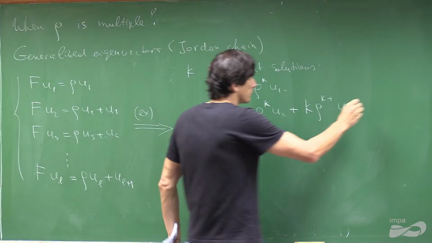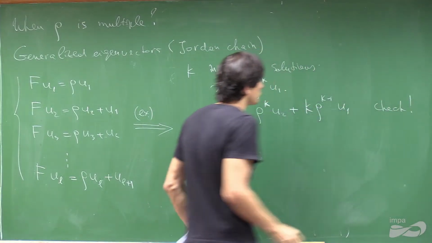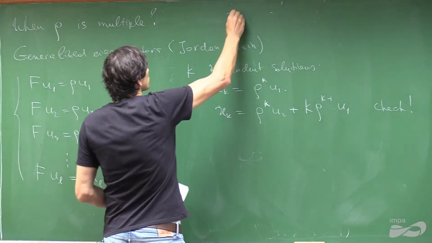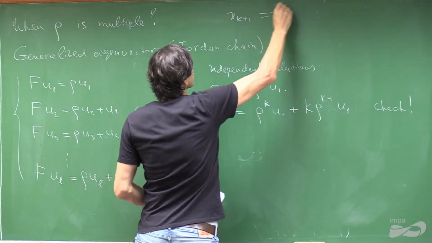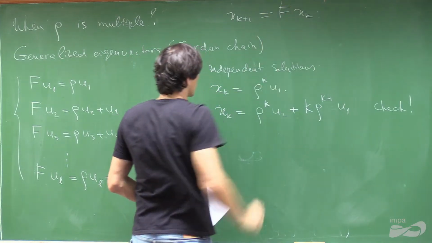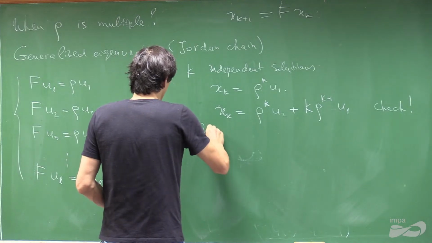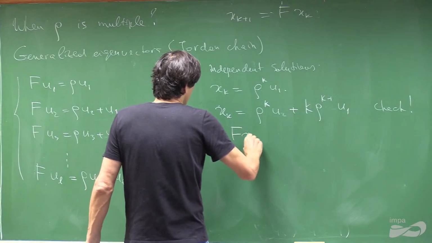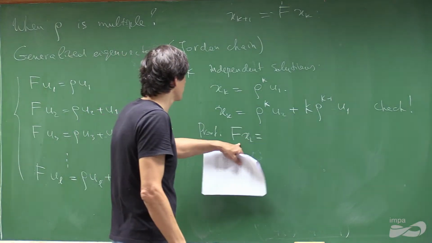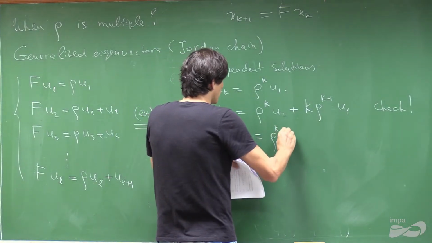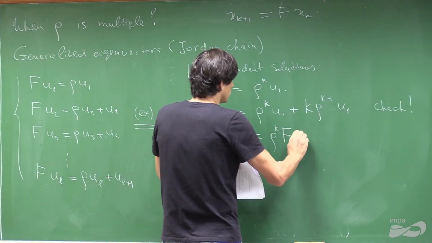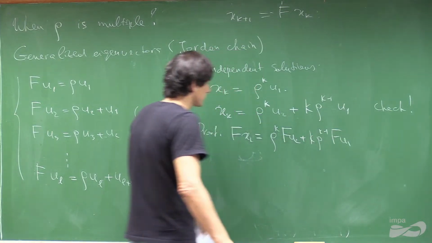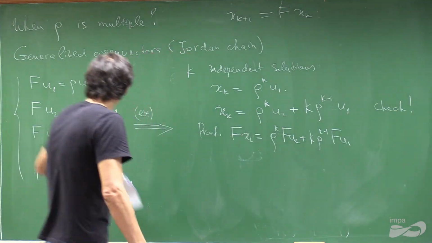So check that this is a solution of our system. Well, let's just prove it. We have to check that F x_k is what we substituted here. So it will be rho^k F u2 plus k rho^(k minus 1) F u1. Now we use the first two equations.